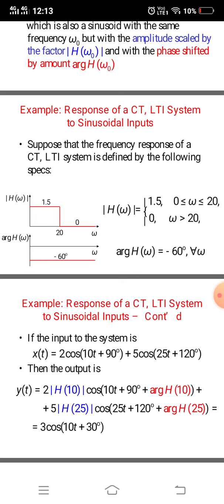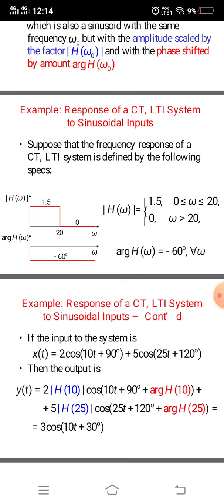The x-axis takes angular velocity or frequency omega, and the y-axis takes the system H of omega. Now we plot 1.5 and 0 with the limits 0 to 20 and 20 to omega. So we have three x-axis values: 0, 20 and omega.